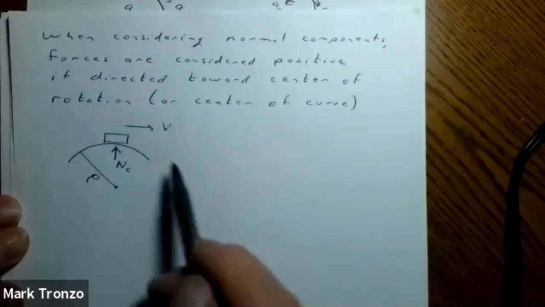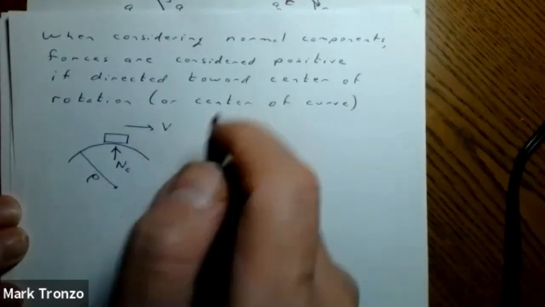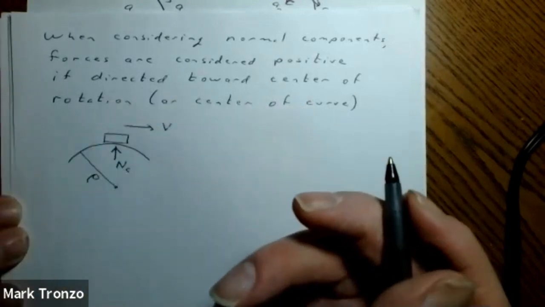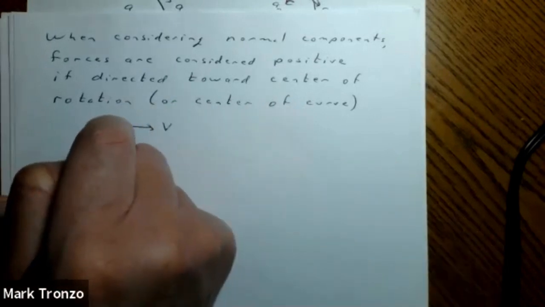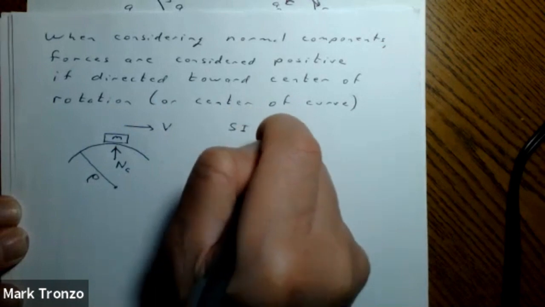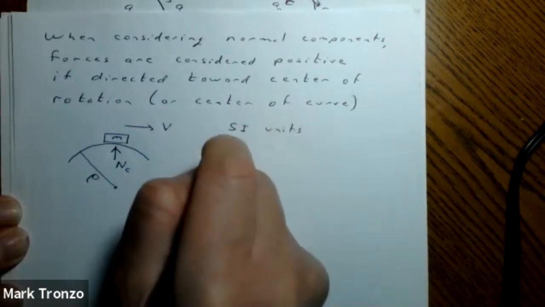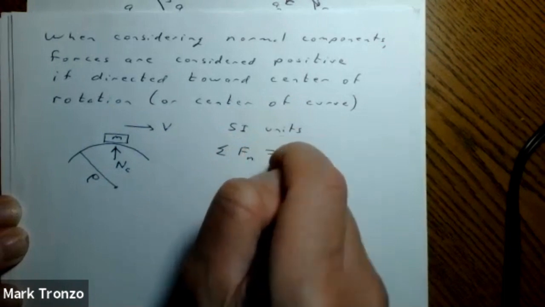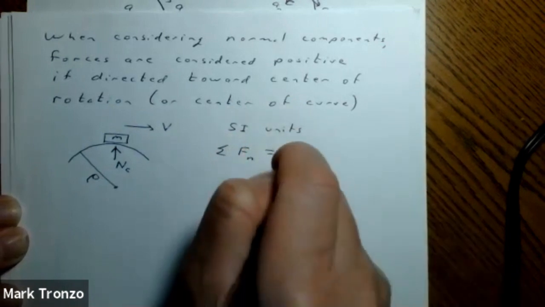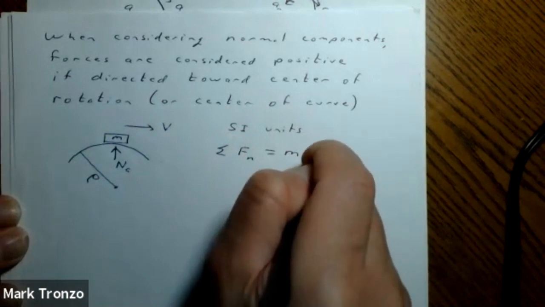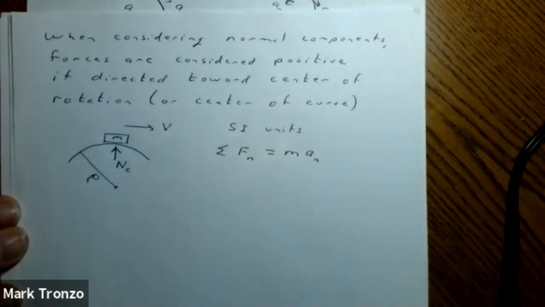So in this particular case, let's say you have a mass, let me just call it M, in SI units. If you sum the forces in the normal direction, it's going to be mass times a_n.